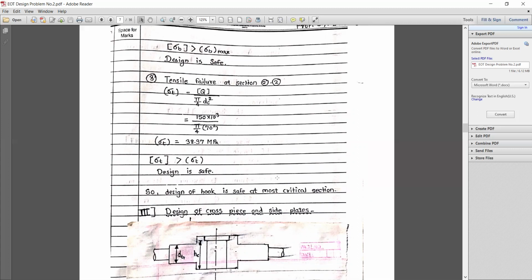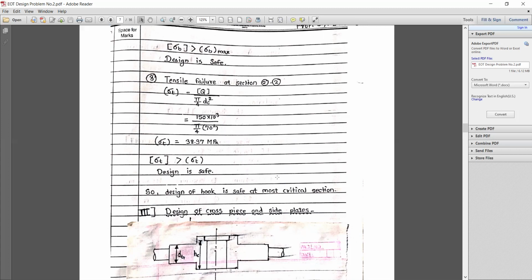We also calculated the neutral axis lengths, then curved beam lengths, and checked whether the three cross sections of the hook satisfy the criteria and can carry the load, and hence we found that the hook is safe at all the most critical cross sections.